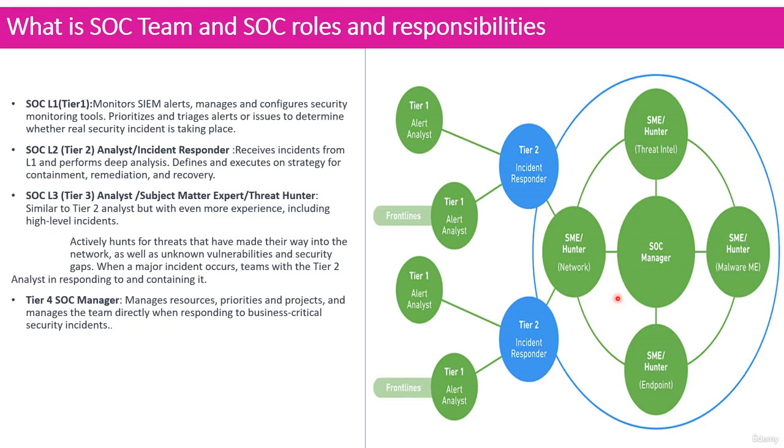They will be actively hunting those unknown or undetected threats, and if they find any, they will be creating signatures or updating and building their defensive security measures to detect these sorts of unknown threats.